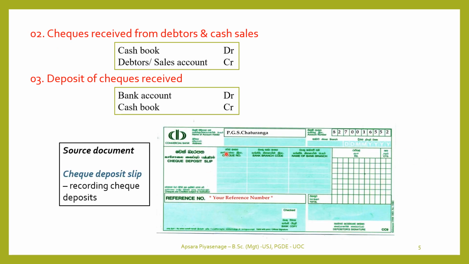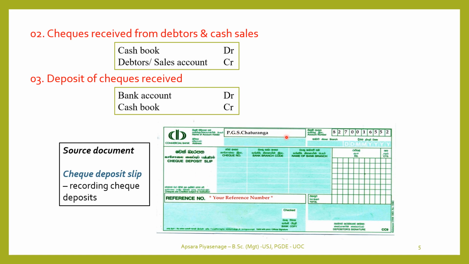When we deposit checks to the bank, we have to give the check with a cash deposit slip. We have to fill in the cash deposit slip, and along with that we have to give the check. Here I have given an example of a check deposit slip.